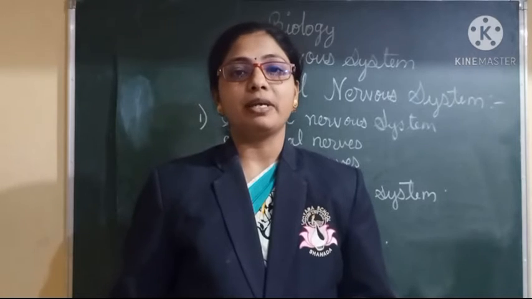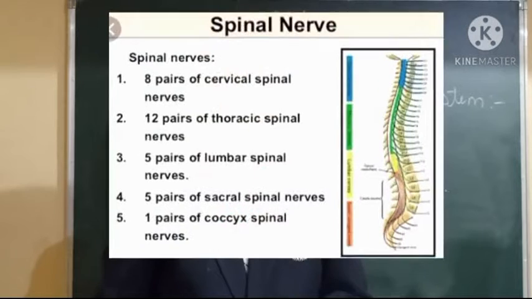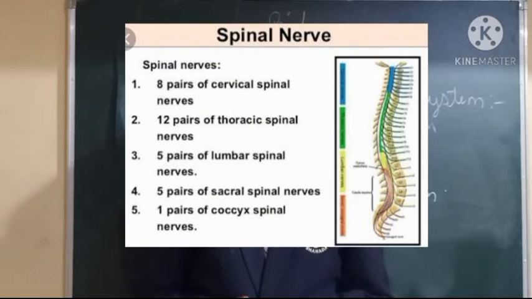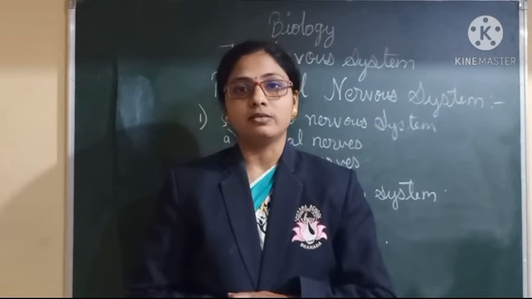In that, 31 pairs of spinal nerves are present. Each pair will have a sensory nerve, which will convey the message from the sensory organs. This is about the spinal nerves.